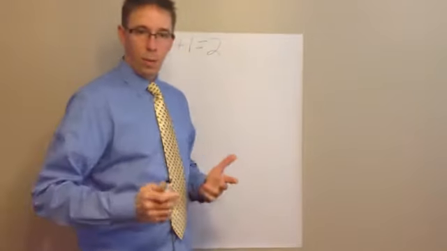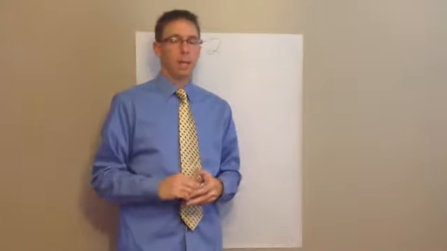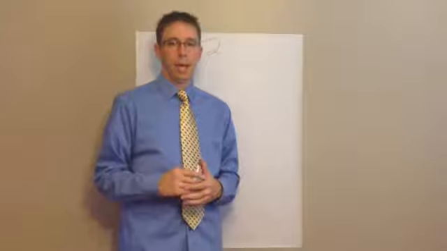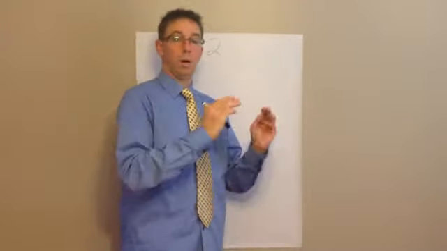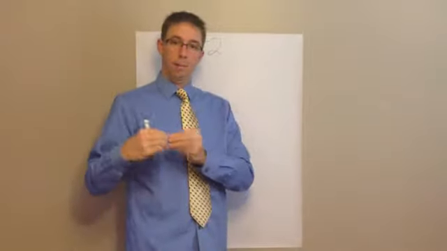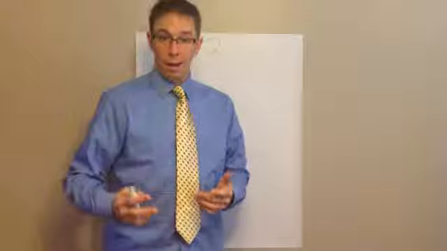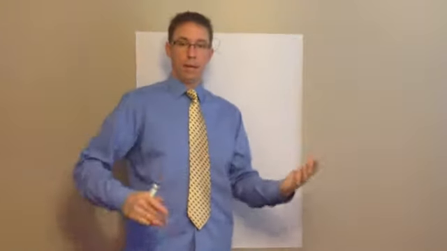Okay, so with that in mind, let's think about subtraction. Subtraction is a little bit different only in as much as instead of adding one thing to another, you are subtracting one thing from another. So let's say that you have one thing and your friend has one thing.